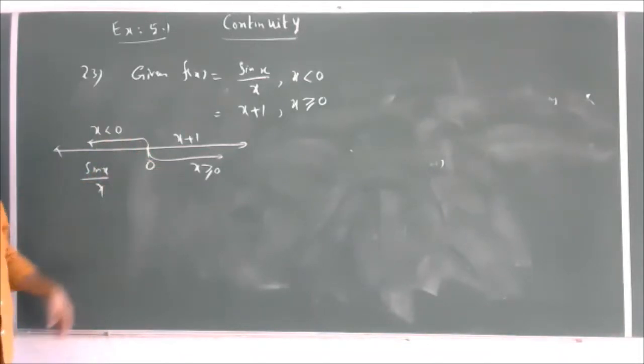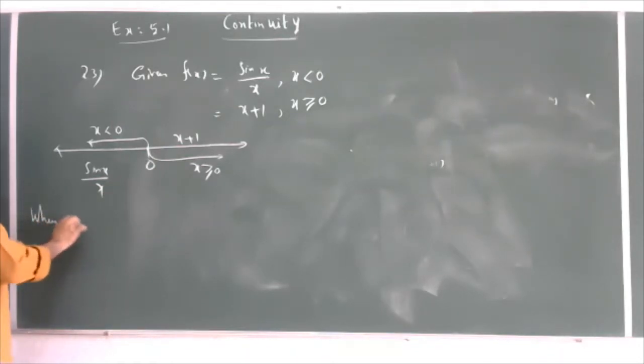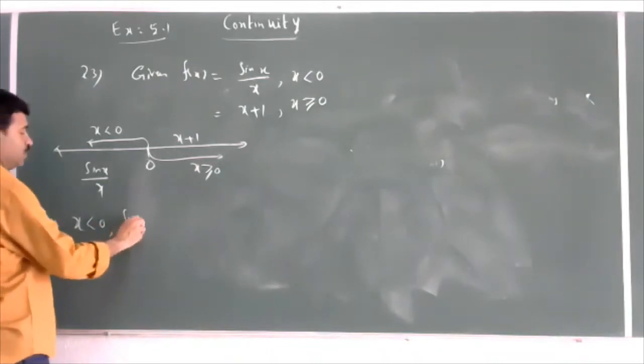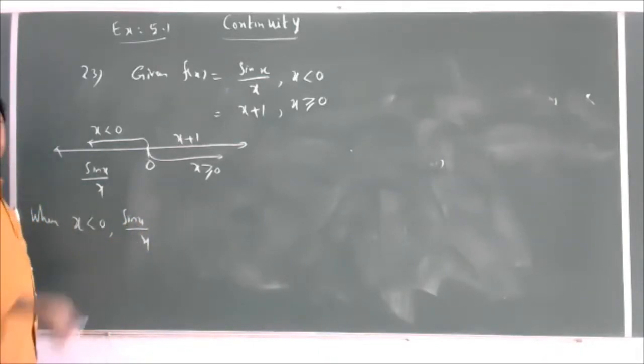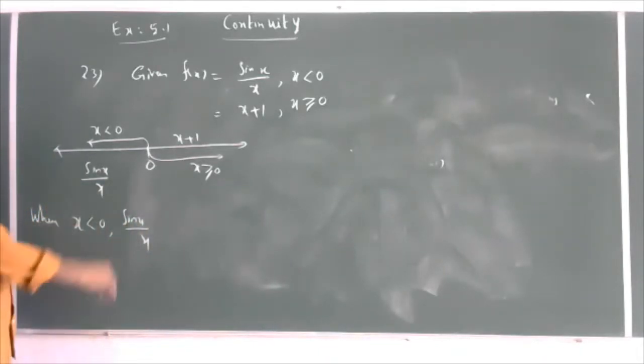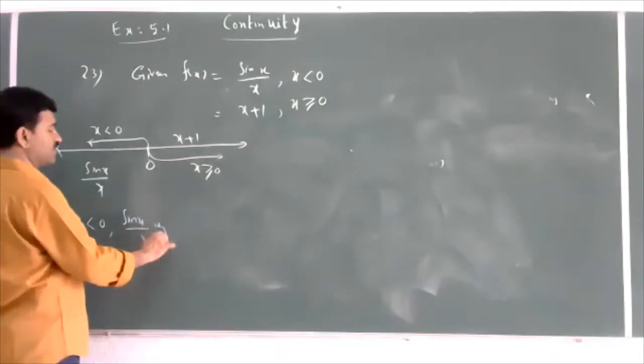So first, the conditions. When x value is less than 0, sin x by x: no doubt, sin x is continuous on R, x is continuous on R, x not equal to 0, so f of x by g of x is continuous.